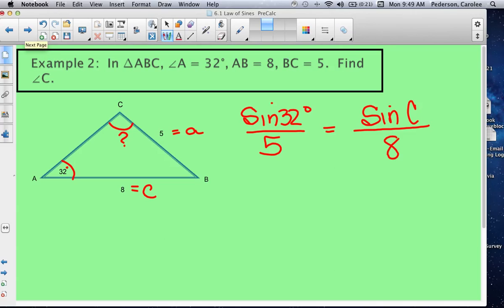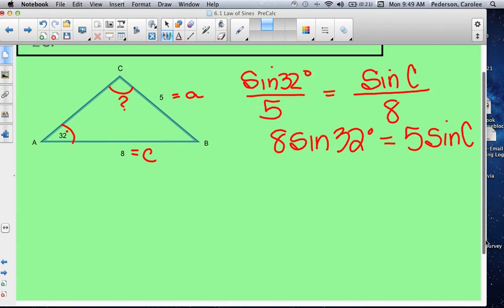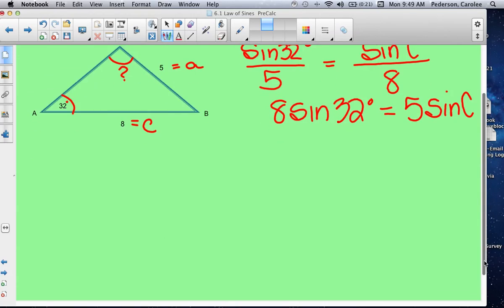Now we'll cross multiply again and solve for sine C. So 8 times the sine of 32 degrees equals 5 times the sine of C. What's the next step to solve this equation?